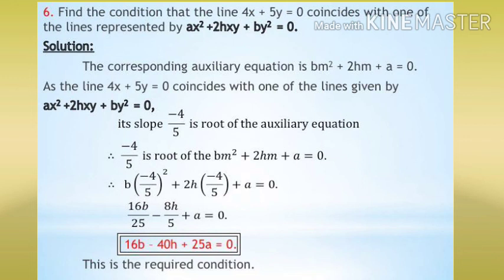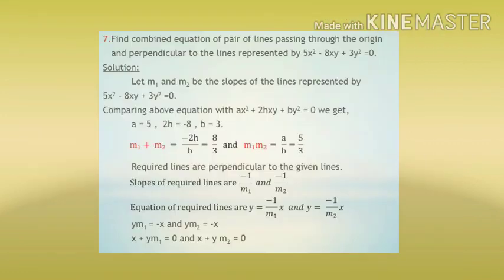So −4/5 is a root of bm² + 2hm + a = 0. Substitute −4/5 in the given equation. So you get 16b/25 − 8h/5 + a = 0. So clearly the LCM will be 25. So your answer will become 16b − 40h + 25a = 0. So this is your required condition.